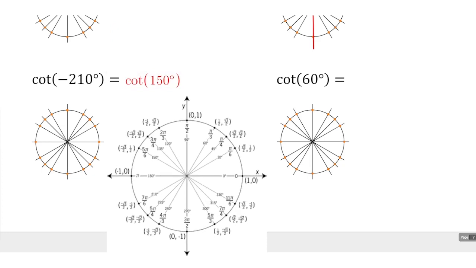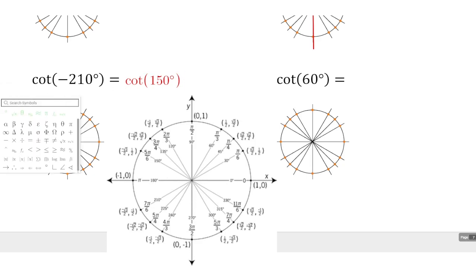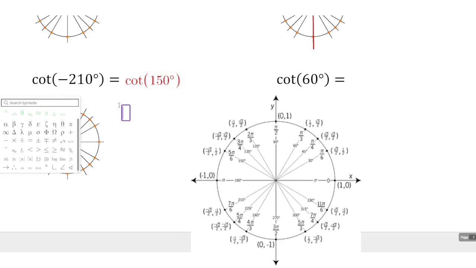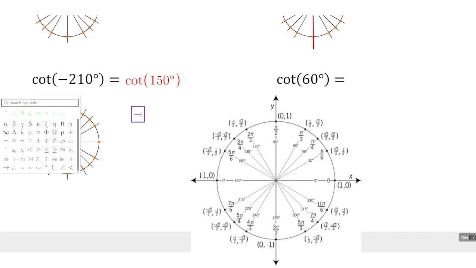I'll make this a little bigger so you can see. We can see that is in quadrant 2, right here. And so we want to do the x divided by the y. The x coordinate here is negative root 3 over 2, so I'm just going to do negative root 3 because just like with all the tangent and cotangent problems we've had already, the 2's in the denominator will cancel out.